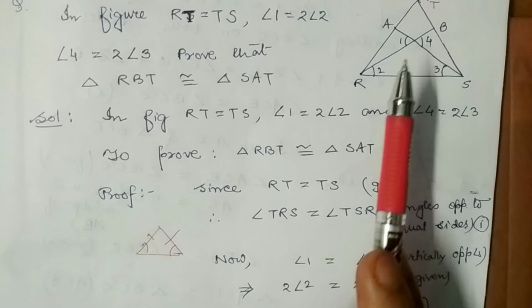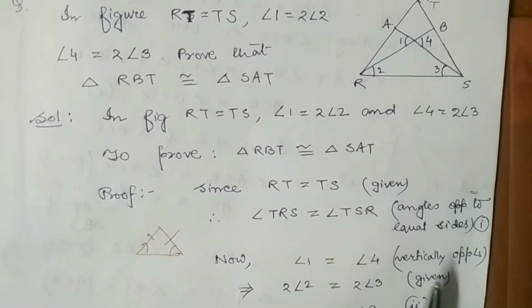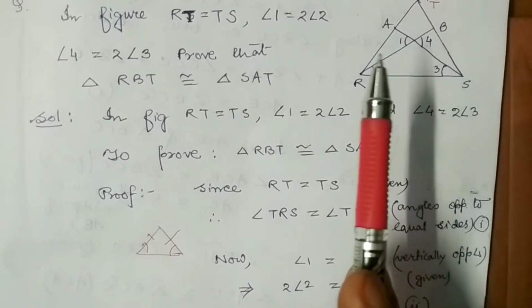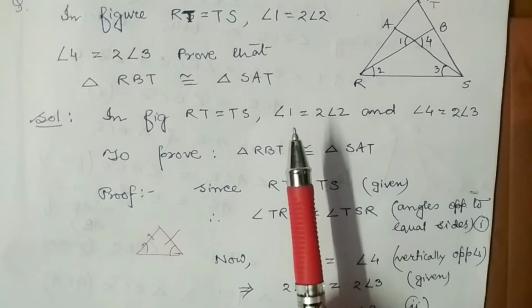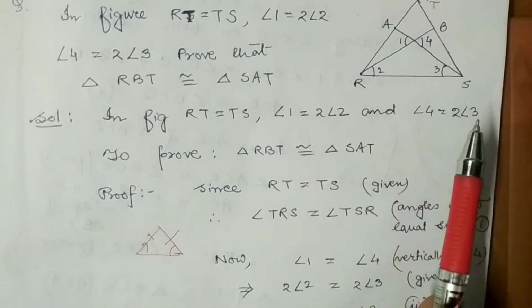Now angle 1 and angle 4. Angle 1 and angle 4 are equal because they are vertically opposite angles. From chapter 6, you know that vertically opposite angles are always equal. That means angle 1 will be equal to angle 4. And as you can see in the question, it is given that angle 1 is twice angle 2 and angle 4 equals twice angle 3.